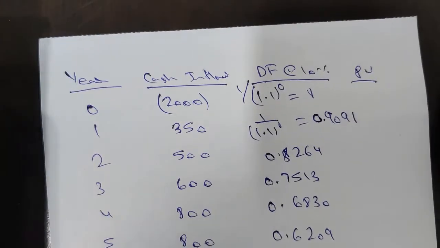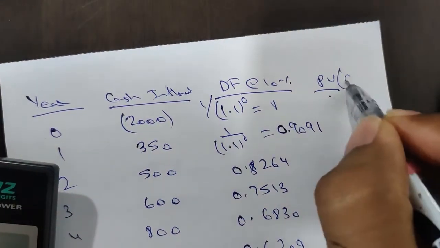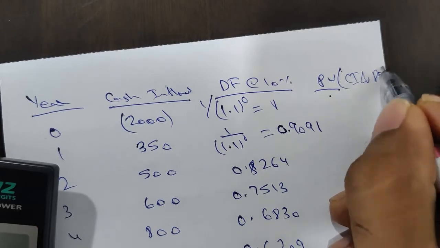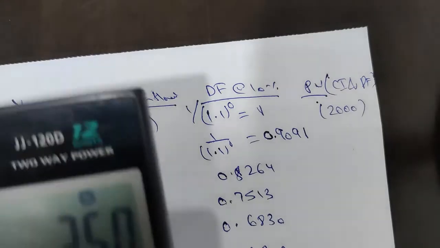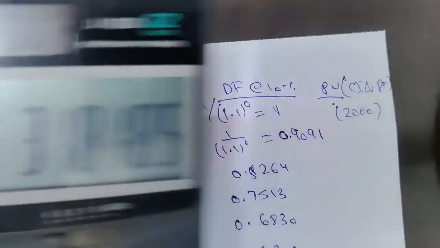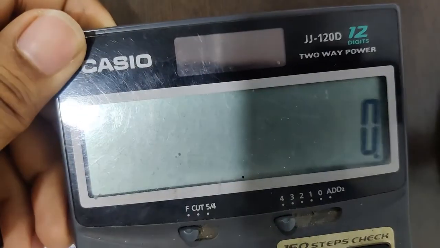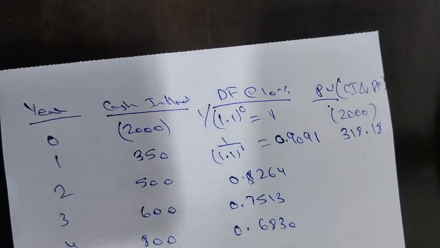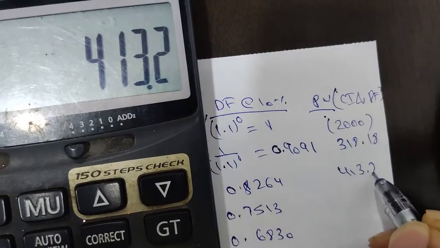So what will be the PV then? 2000 into 1. This is nothing but your cash inflow into discounting factor. So it will be 2000. Similarly, how to calculate 350 into 0.9091, 318.18. Again then 500 into 0.8264, 413.2.